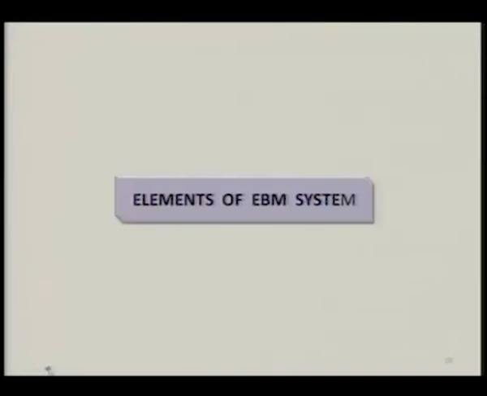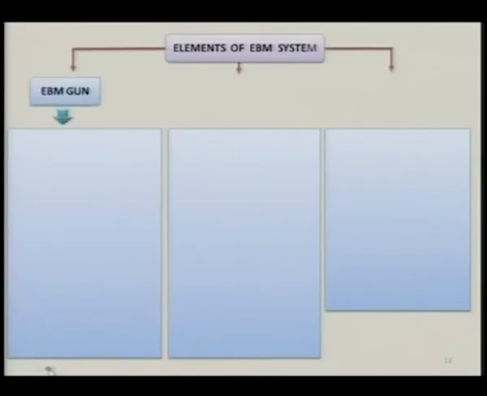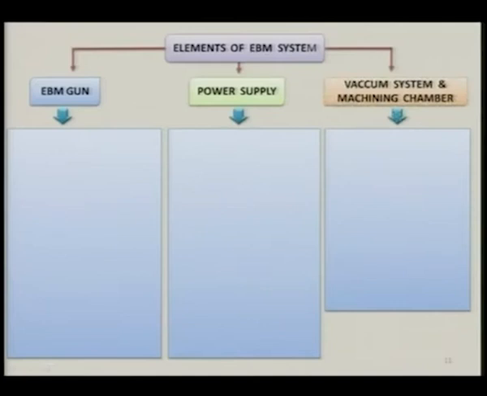Now let us see what are the various elements of the electron beam machining system. First one is the electron beam machining gun. Second is the power supply to the electron beam machining system, and third is the vacuum system and machining chamber.